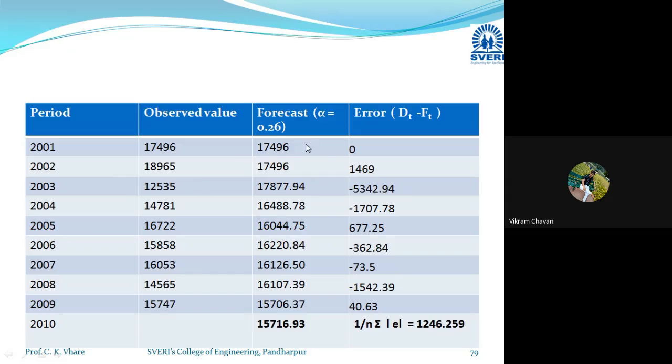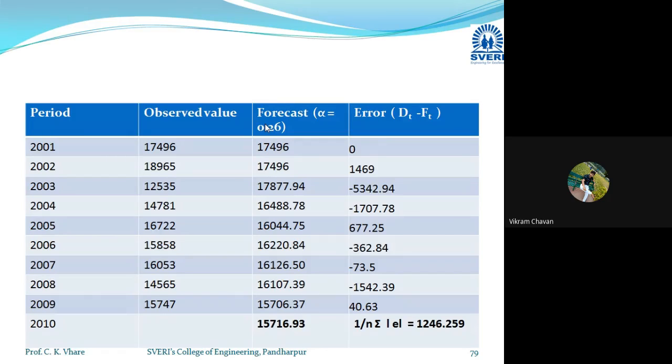Both values we have. Just use the formula: f of t equals f of t minus 1 into bracket 1 minus alpha, plus alpha multiplied by d of t minus 1. That is our general formula. Put d of t minus 1 as 17,496 and f of t minus 1 as 17,496.